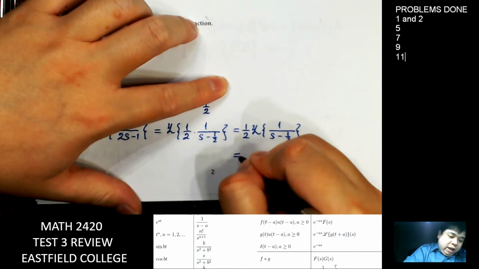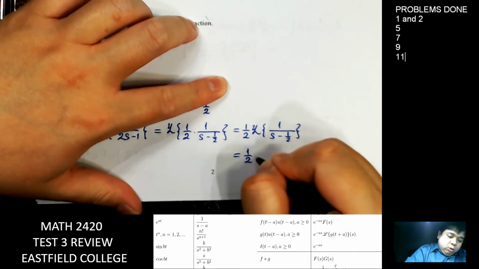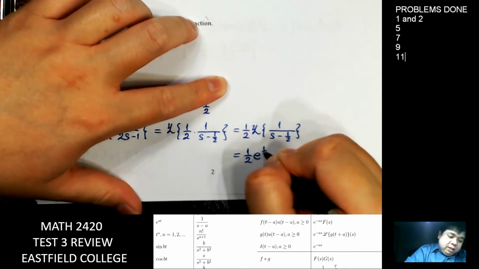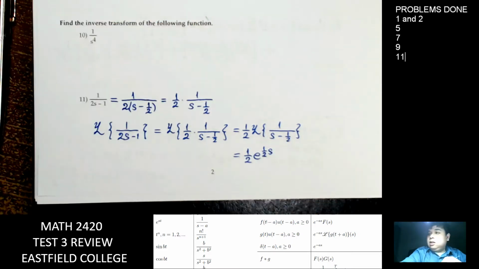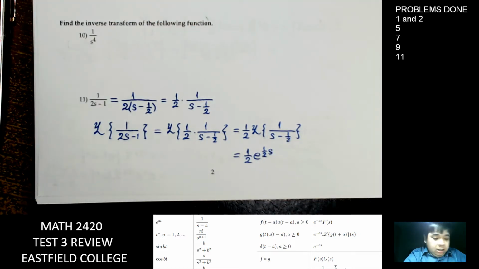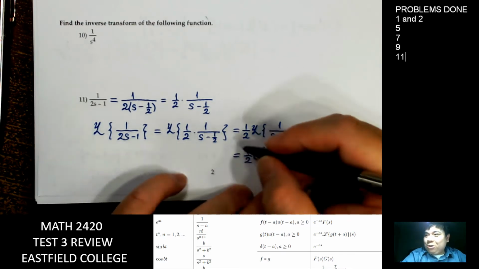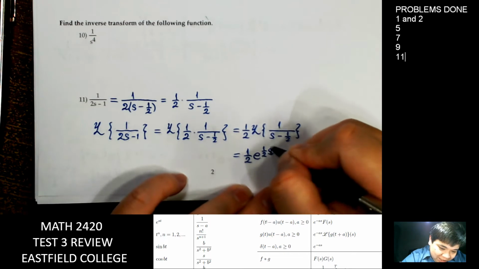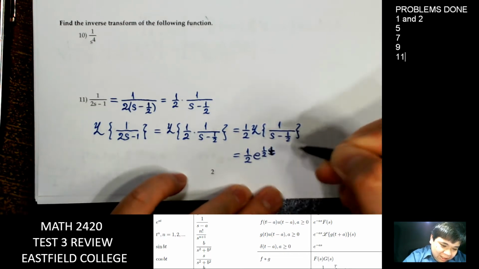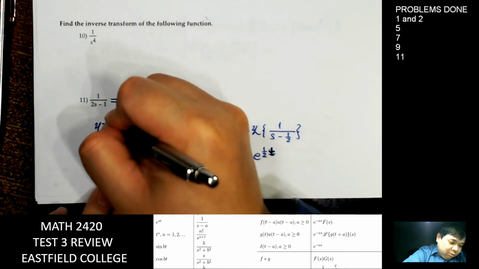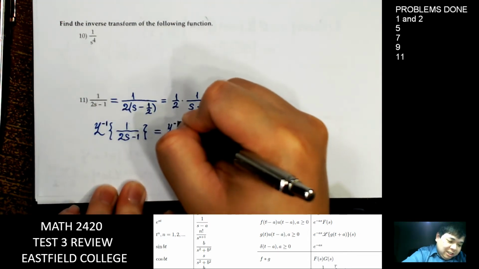So we have 1 half. This will be e to the 1 half t. Sorry, that should be t. We'll go back to t. And that is the inverse transform.